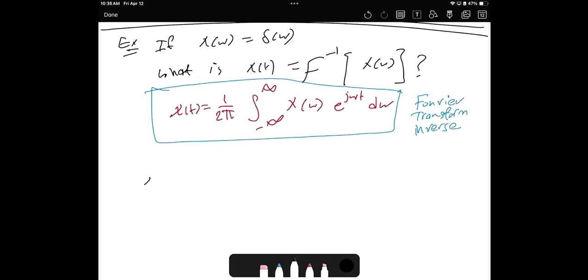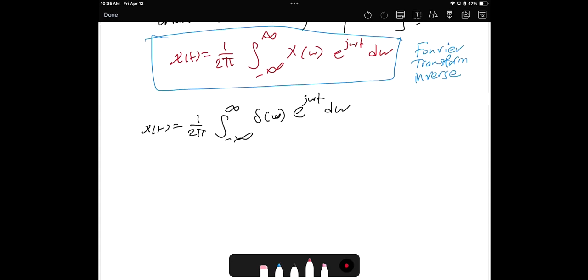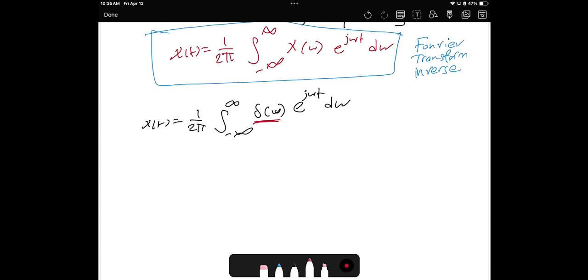So we can say x(t) equals 1 over 2 pi, the integral from negative infinity to infinity of delta(omega) e to the power j omega t d omega. Now how do we find the integral with the impulse function, the delta function? Do you remember the sampling property of the delta function?